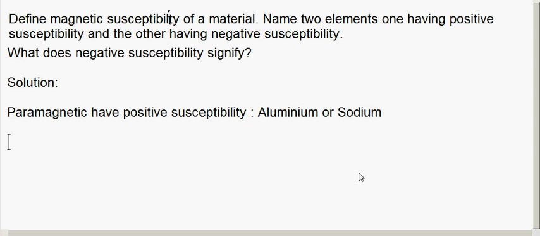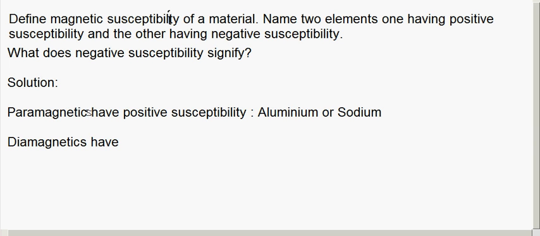And then for negative susceptibility, the example is diamagnetics. You can write paramagnetic substances have positive susceptibility.